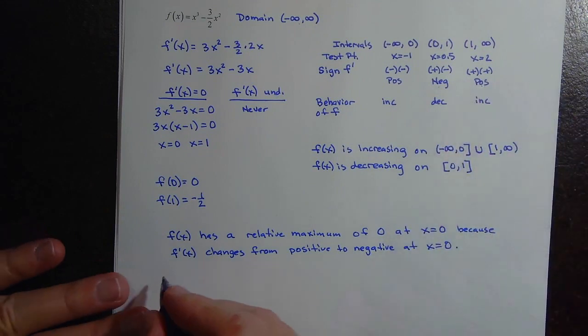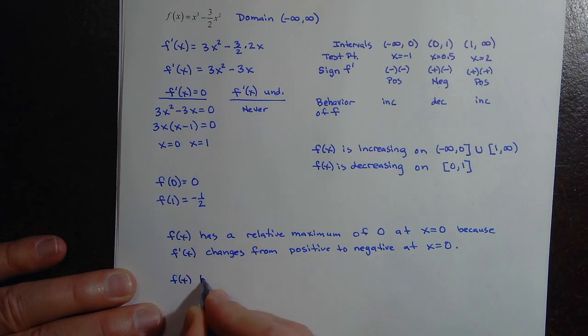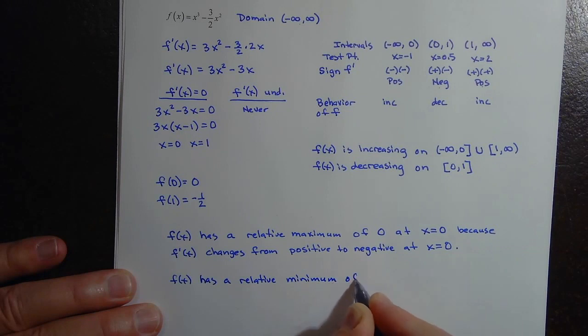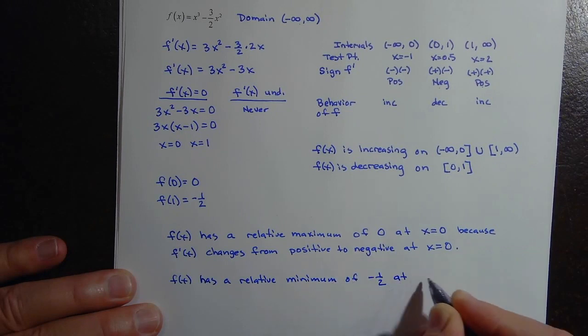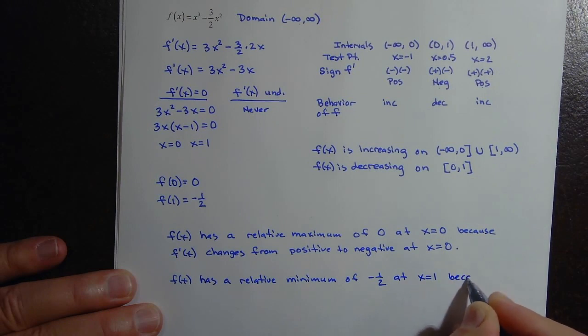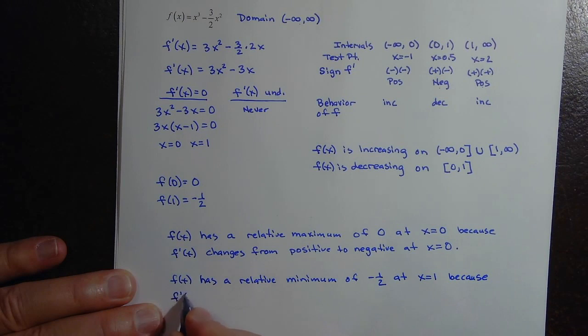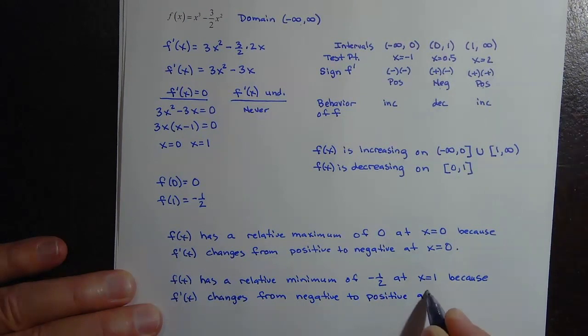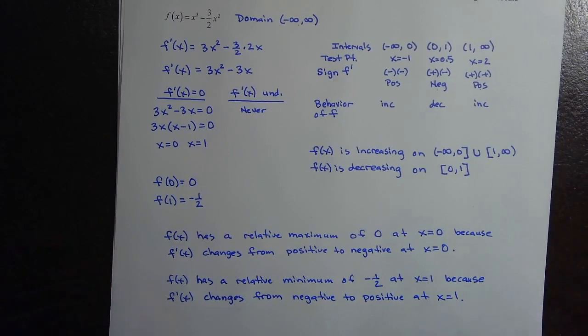So we say f of x has a relative minimum of negative 1/2 at x equals 1 because f prime of x changes from negative to positive at x equals 1. You have to add that, just like up here at x equals 0.